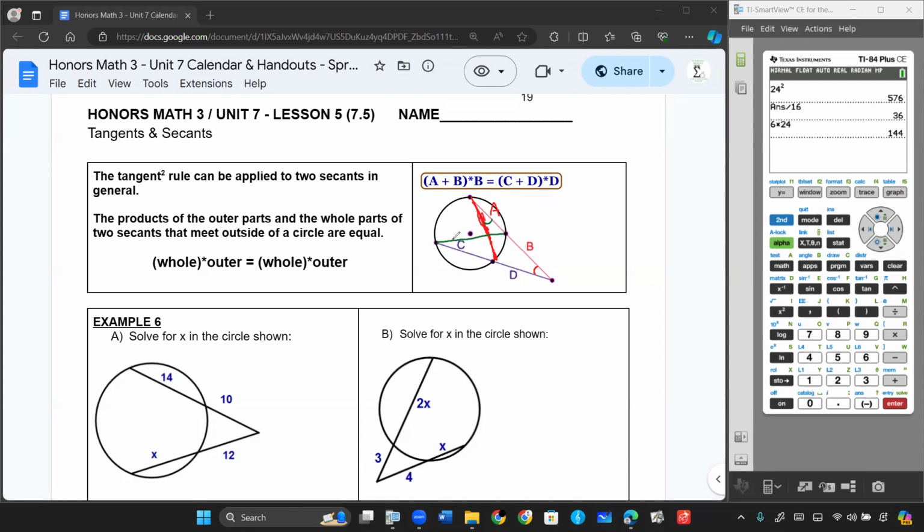Again, these two angles open up to the same arc. Okay, so my ratio is really going to be, see if I can explain it here.